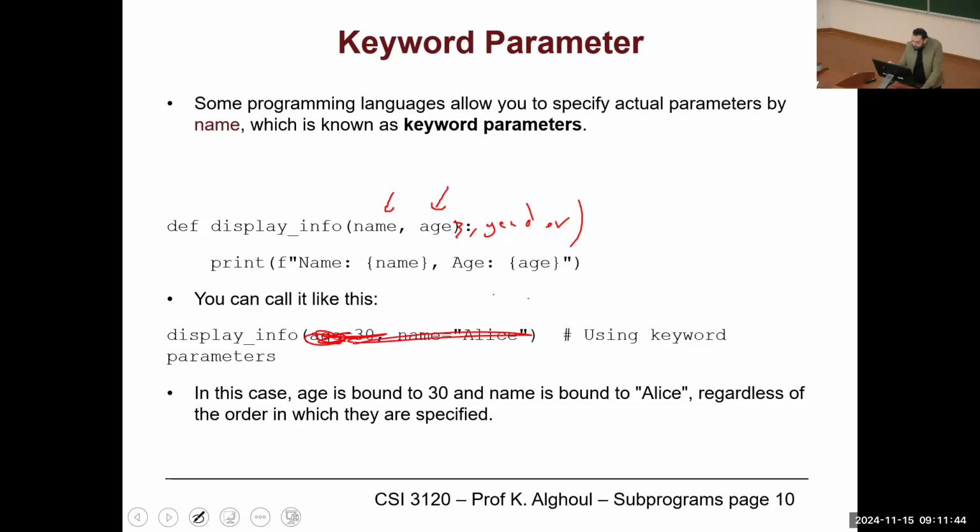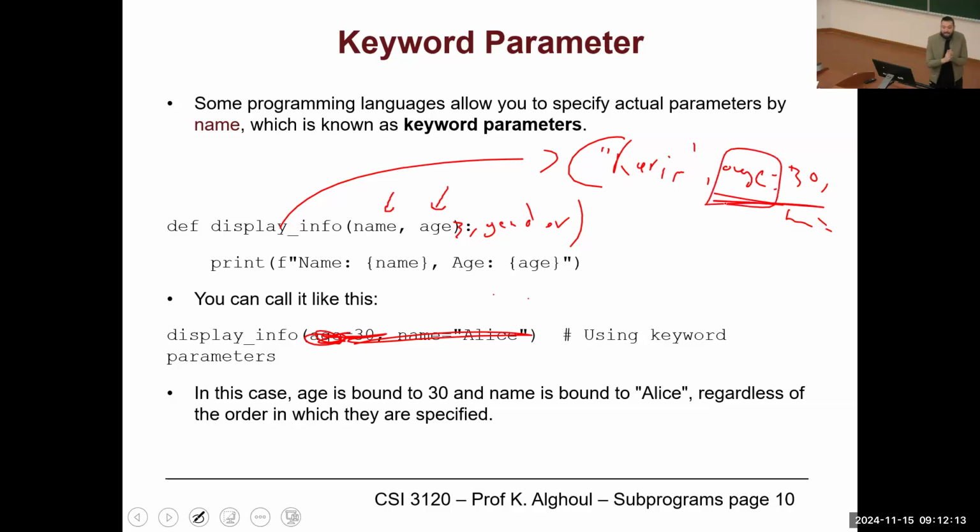Let's say I'm calling this function and now I'm passing Karim, and then the age. I'm using age and then equal 30. Now I cannot continue using gender, for example, just male. I cannot do that anymore. Whenever I use a keyword, I have to continue with everything like this.